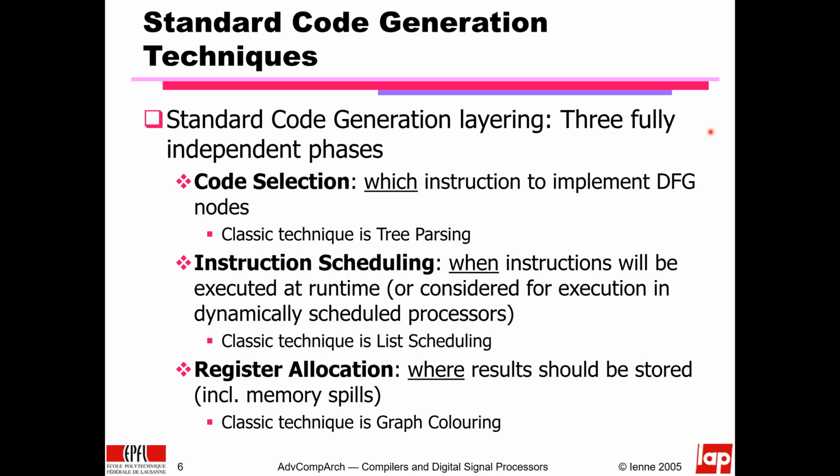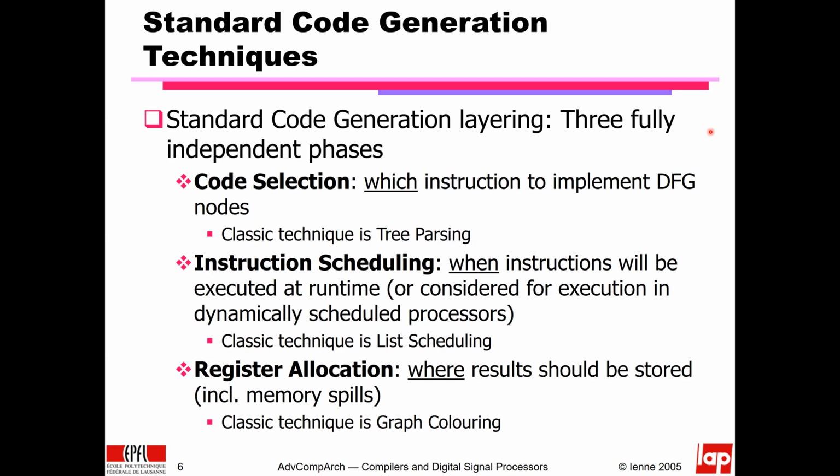Can I store it in a register, in two registers, because I have two registers available? If I don't have any more registers available because I have too many results on my hands at a given point in time, shall I spill to memory, as people say? That is, shall I save it in some location on the stack and take it back later?